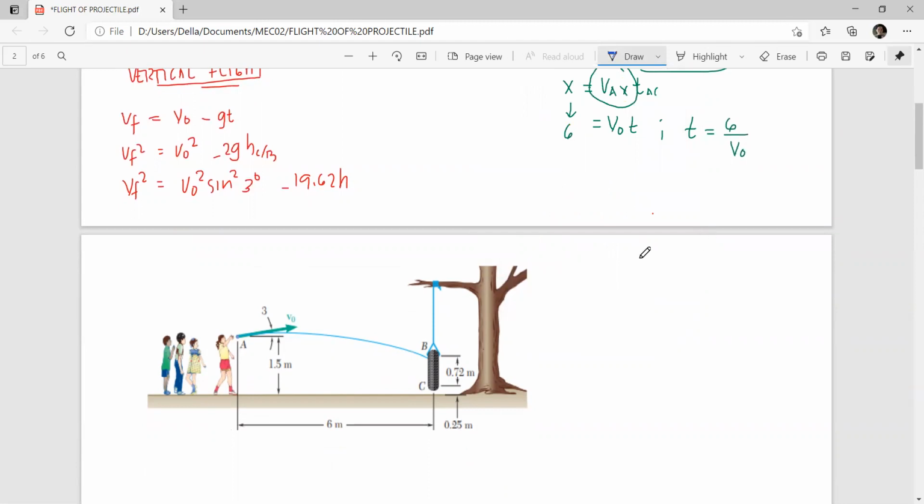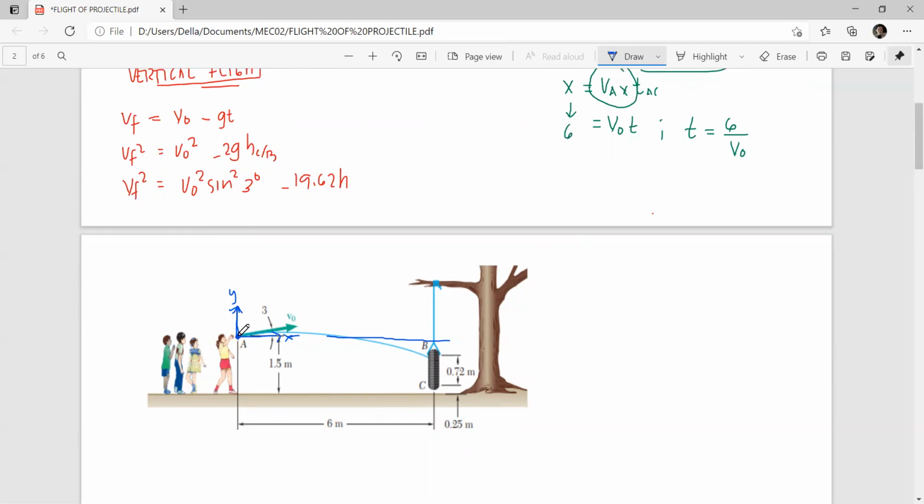consider the point B. So at point B, the difference in elevation of B and point A is equal to 0.53. This difference, because you establish your axis here. This is the x-axis and this is the y-axis. And this is the origin of the particle.